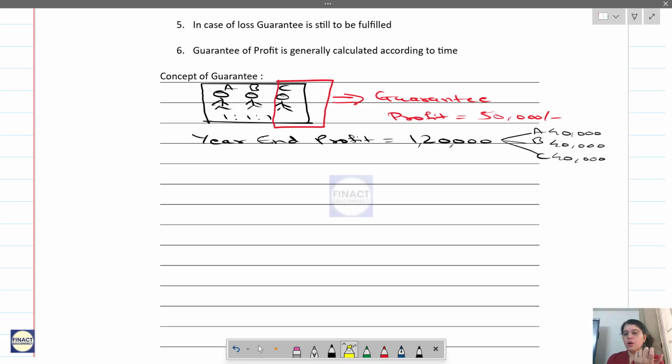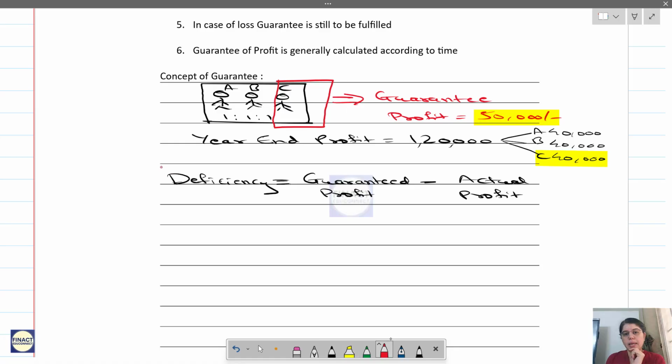Now look at C. C's guaranteed profit is 50,000, but he is getting 40,000. So there is a deficiency. How will you calculate the deficiency over here? Deficiency is equal to guaranteed profit minus actual profit.